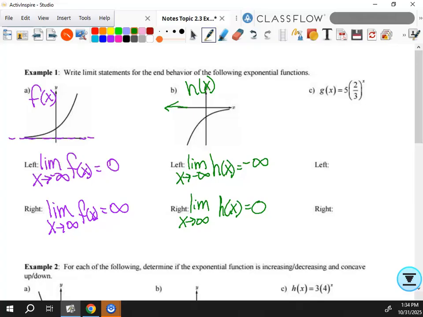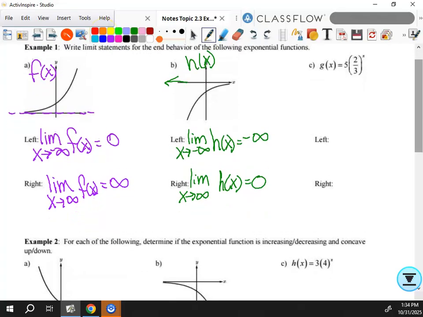All right, so then when you don't have a picture, because when you have a picture, it's usually pretty helpful, but here, the 5 is just the stretch, so that doesn't really change any of the limit stuff here. But that 2/3, since that is between 0 and 1, that is exponential decay. So you need to have that picture in your mind, or at least sketch it down for yourself.